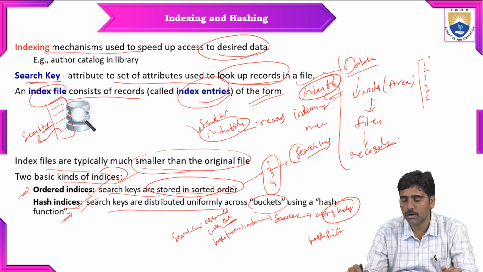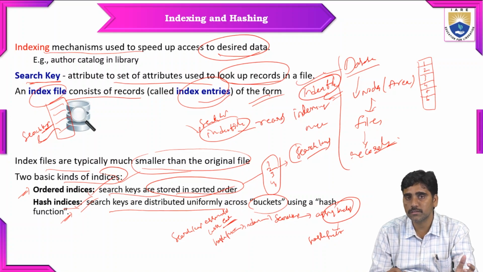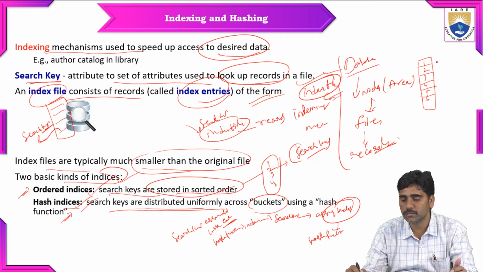All the search key values are stored in sorted order. But in hash indices, search keys are distributed uniformly across buckets using a hash function. Each and every search key is associated with one bucket with the help of the hash function.